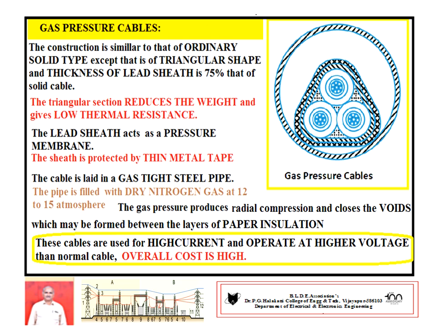Therefore, these cables are used for high current and higher operating voltage conditions than normal cable. The only disadvantage is the overall cost of the cable is high. These are the latest developments in cable systems.